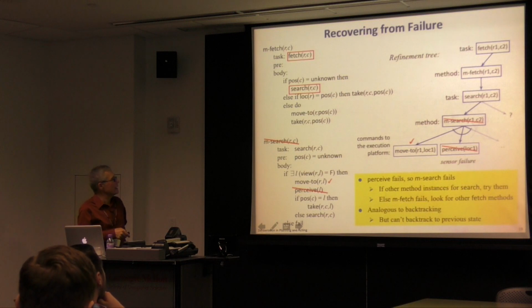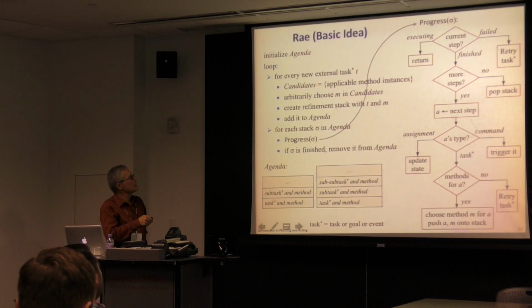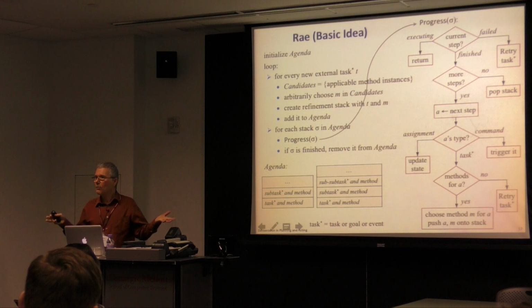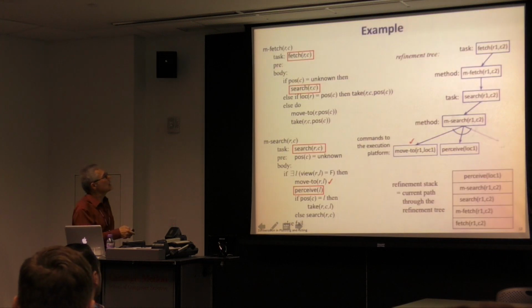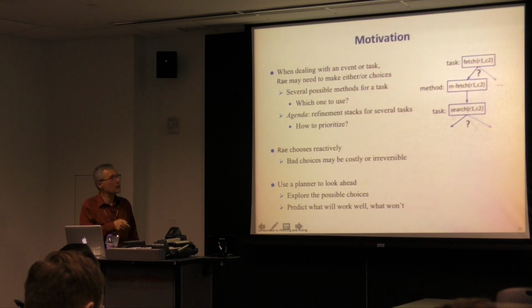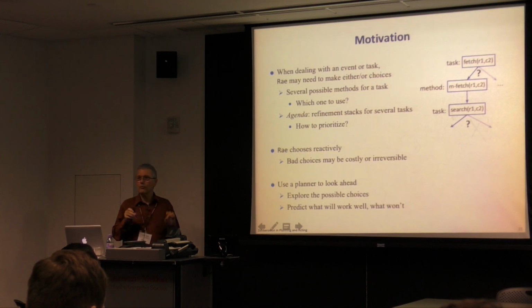And here I use the simple-minded notion that we're going to progress each of them a single step and then we're going to go around in the loop again. Obviously, that isn't always how you want to do it. Some of them may need to have higher priority than others. And so there's some questions about how you're going to prioritize them.